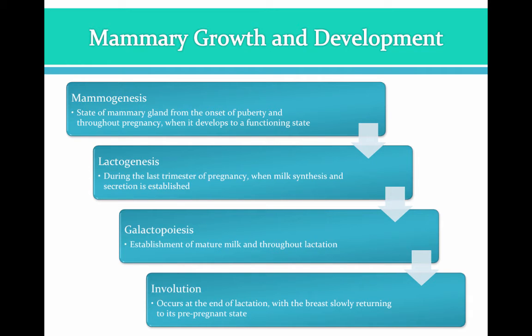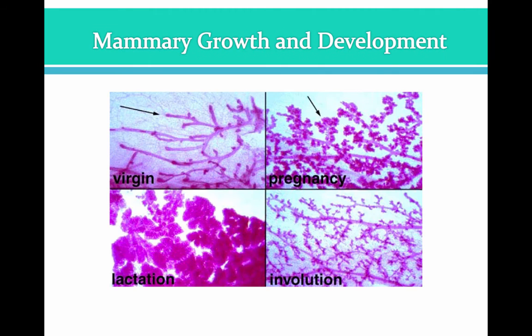Galactopoiesis is the establishment of mature milk throughout lactation. And involution occurs at the end of lactation when the breast is slowly returning to its pre-pregnant state. And this is a really nice picture that shows the different stages of mammary growth and development.